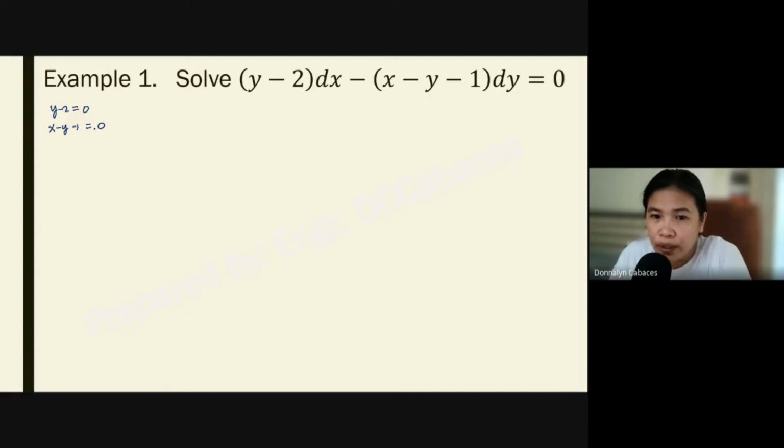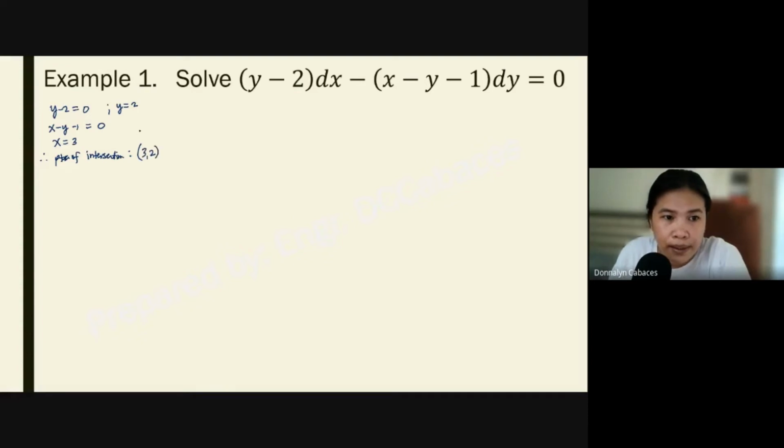So we find the point of intersection. From the first equation, y is equal to 2. And substituting it to the second equation, if y is 2, then x is equal to 3. Therefore, the point of intersection is (3, 2).